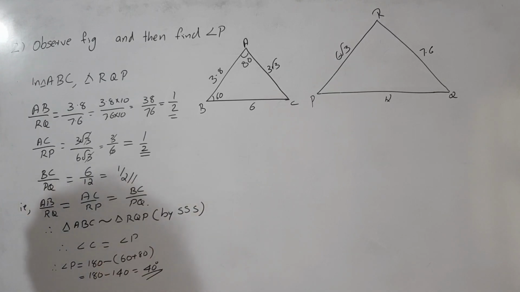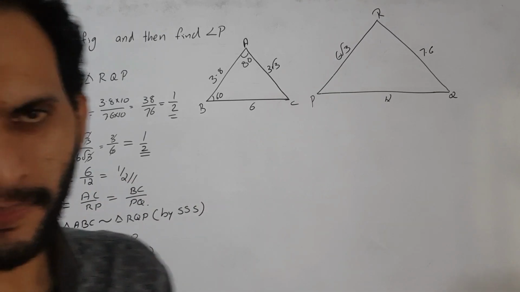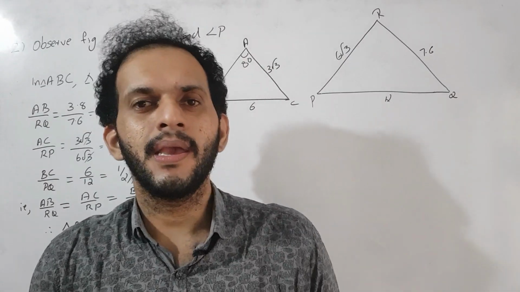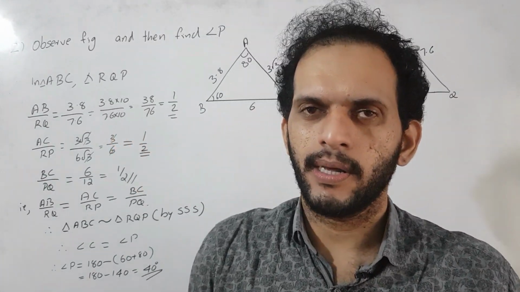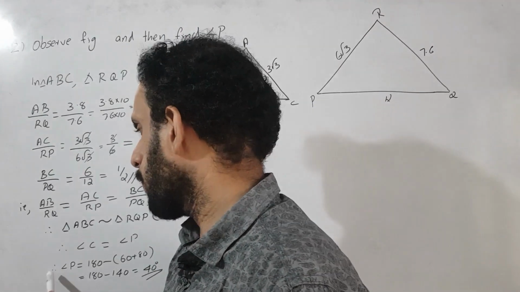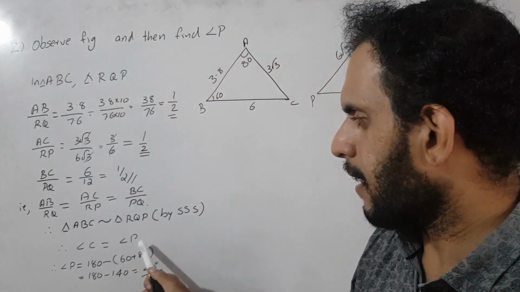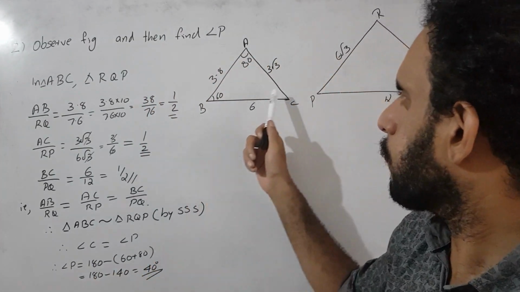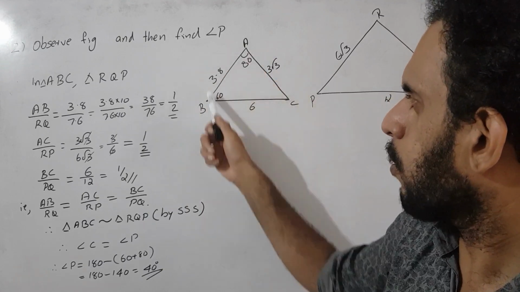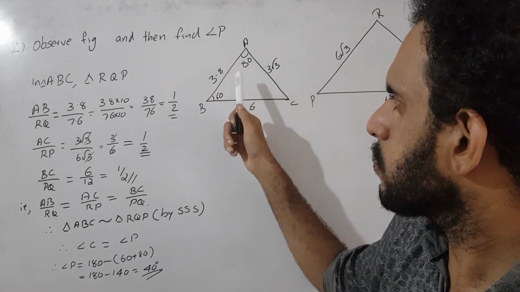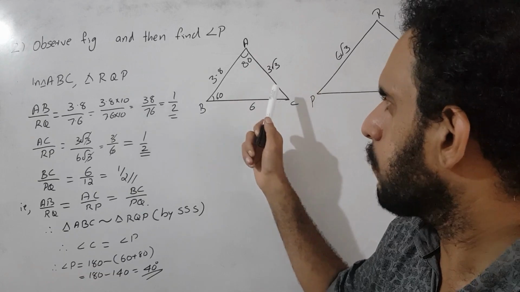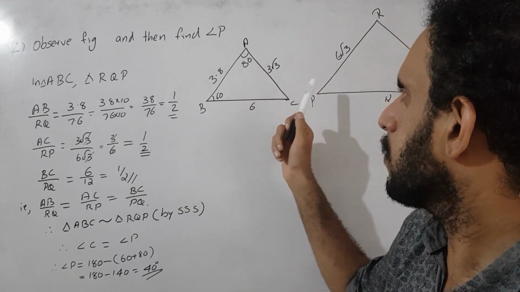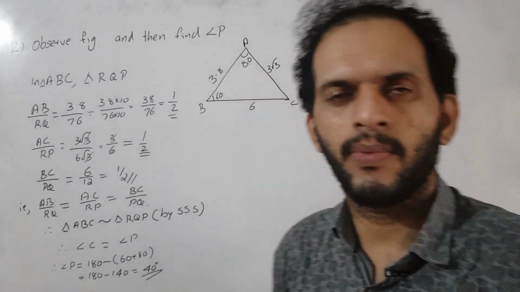So what is the value of angle P? Angle P is equal to 40 degrees. Then how do we get angle P? Because angle C and angle P are equal. How do we find angle C? We know the total is 180, and from that we subtract the sum of 60 and 80. Then we get angle C, which is the same as the angle value of P.